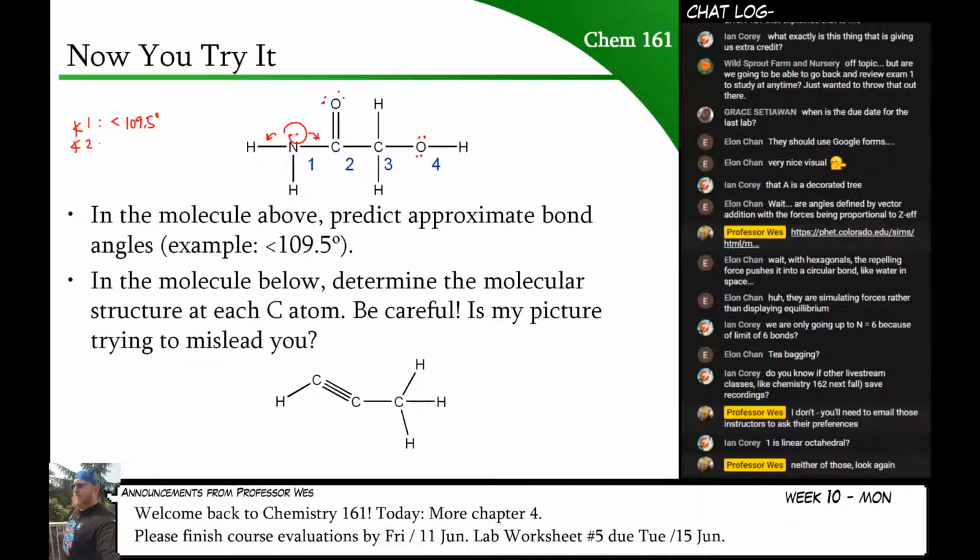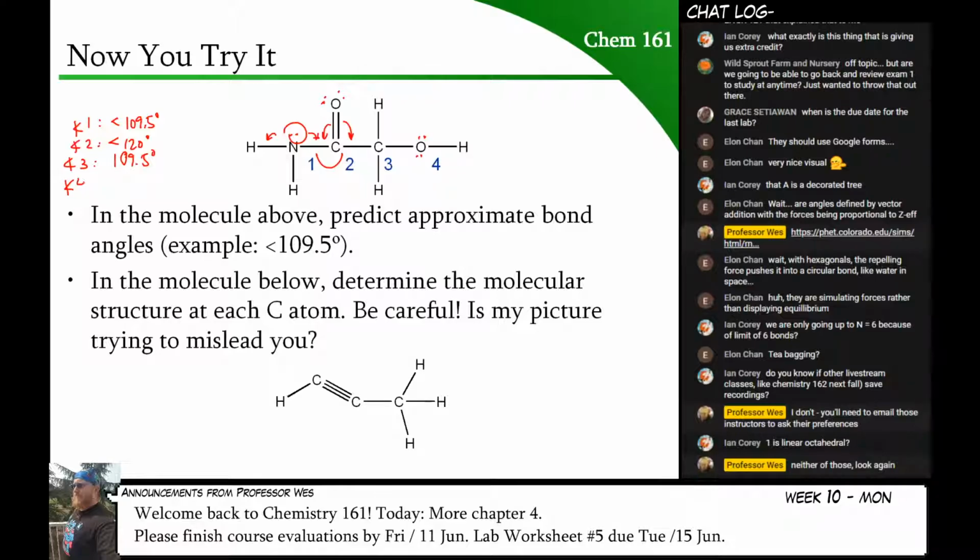Bond angle 2 should be 120 because it's trigonal planar, but remember, double bonds push away too. So if this is bond angle 2 right here, then this will be less than 120. Nothing unusual happening around number 3, so bond angle 3 is 109.5.